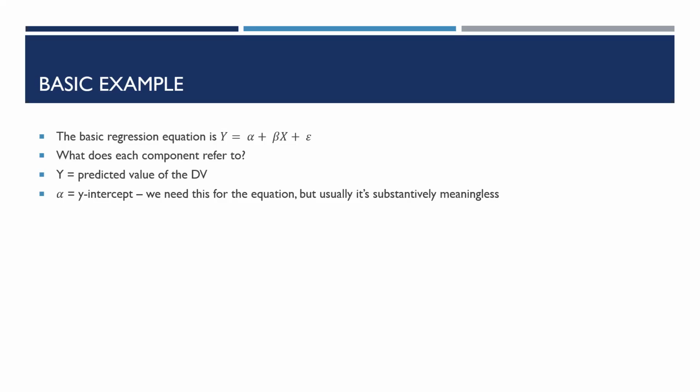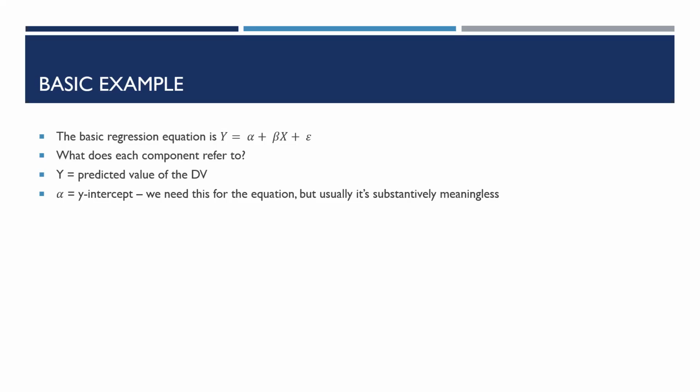And the reason that it's meaningless is that if we're studying real world events, lots of things can't actually take on the value of 0, or it might not be within the range of the data that we're looking at. For instance, if age is a variable that we're including in our regression analysis, it doesn't really make any sense to say that a person who is 0 years old would do anything, right? It's meaningless. But nevertheless, we need it for the equation.